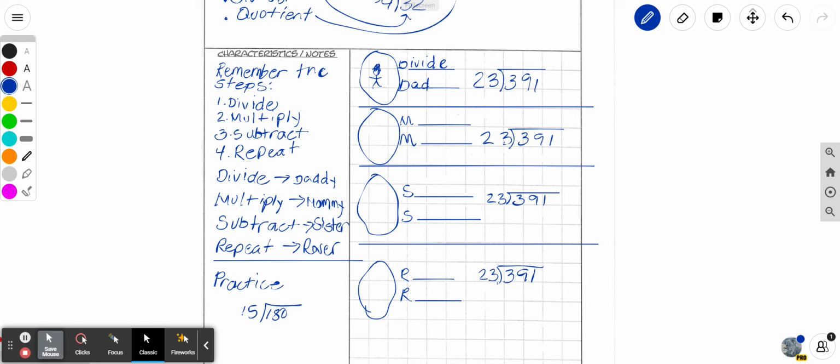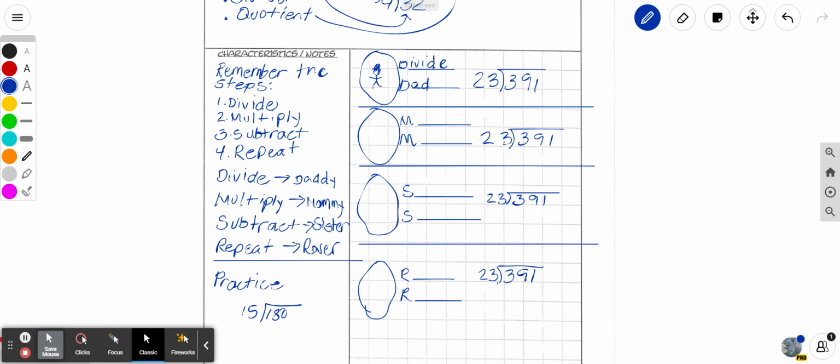All right. And then, so we're going to see how many times 23 goes into 391. So 23 does not go into 3. So I'm going to take the next digit. Does 23 go into 39?